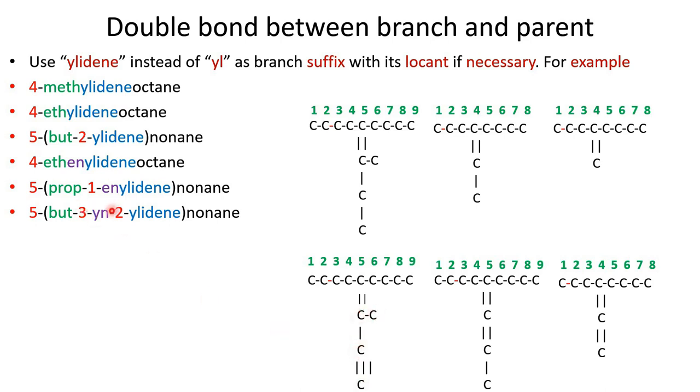This 3-yn shows that there is a triple bond at position number 3 in the branch: 1, 2, 3. So at position number 3 we have got a triple bond in the branch. So 3-yn. What about 2-ylidene? This ylidene shows that the branch is attached to the parent chain with a double bond. And this 2 shows that carbon number 2 of the branch is attached with the parent chain.